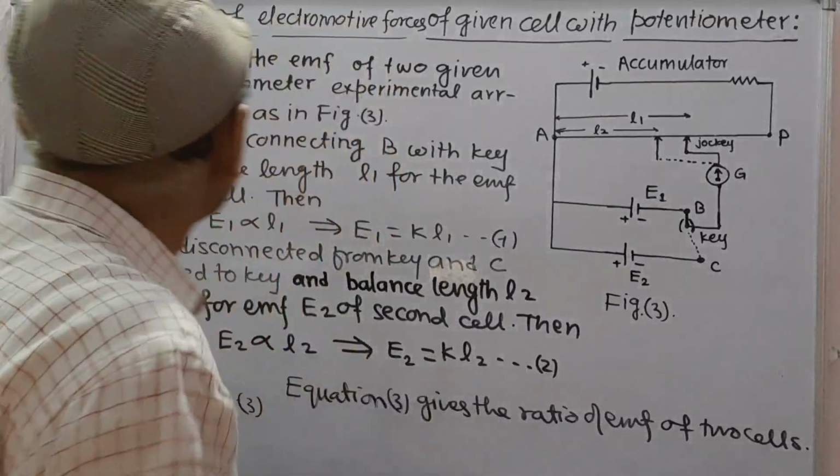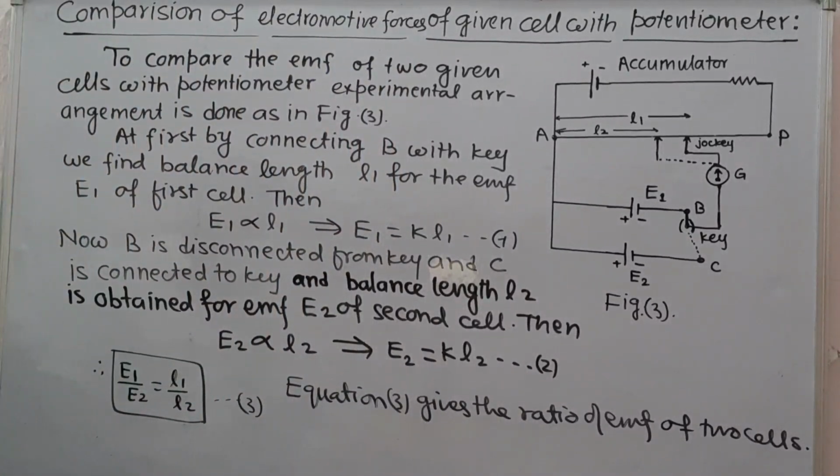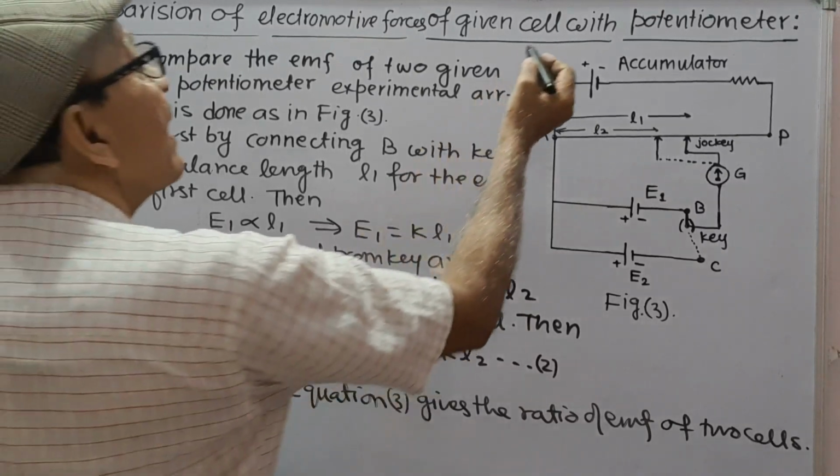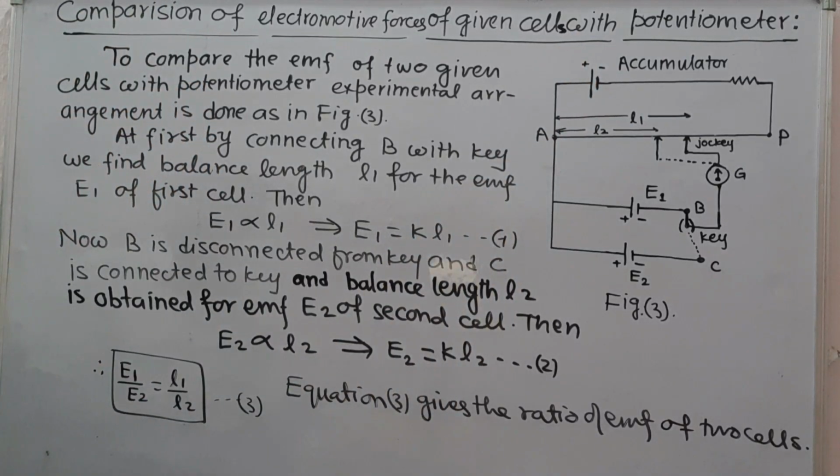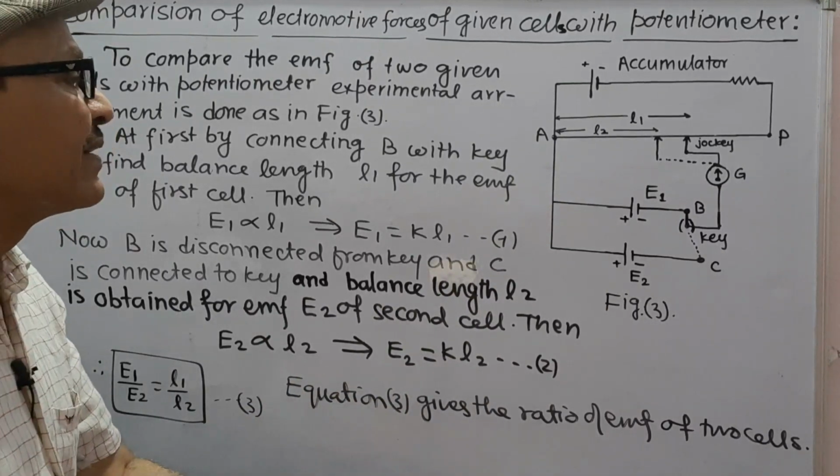Next, we take the comparison of electromotive forces of two given cells with the potentiometer. Figure 3 shows the experimental arrangement for this experiment.